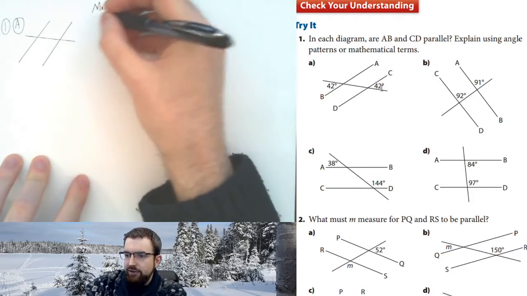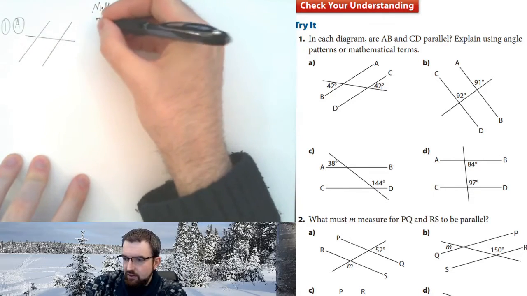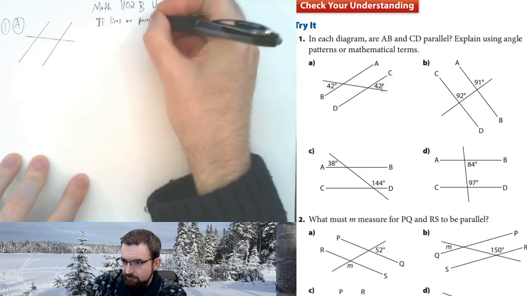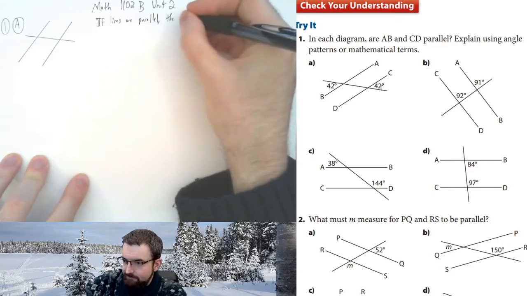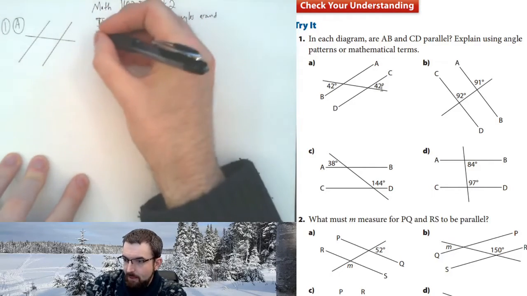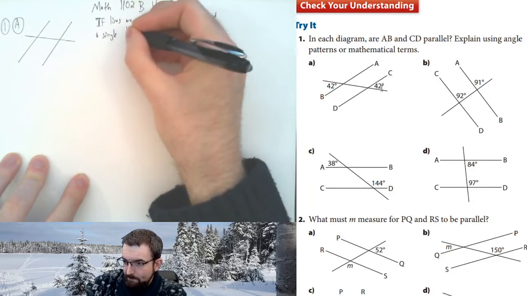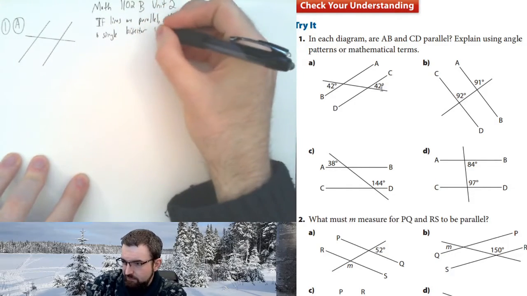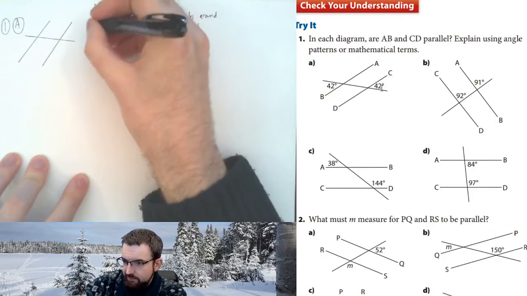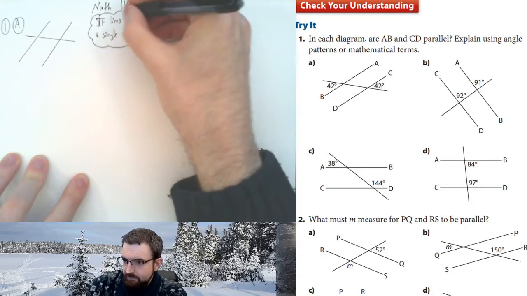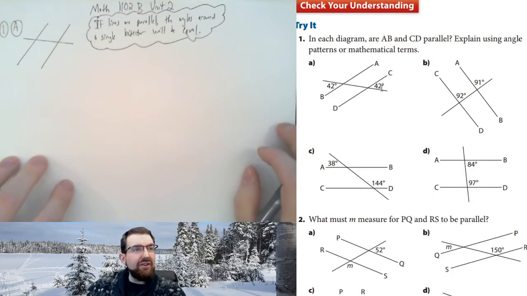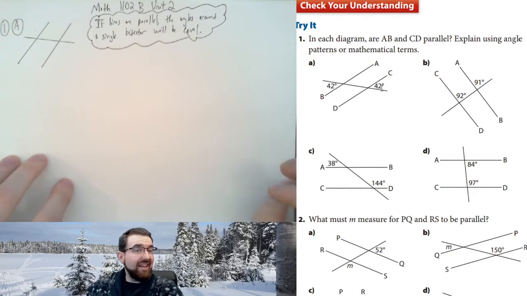Right, and we know that if lines are parallel, the angles around a single bisector will be equal. And what does that mean?